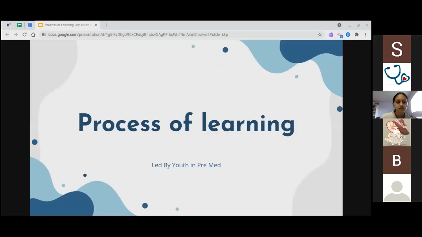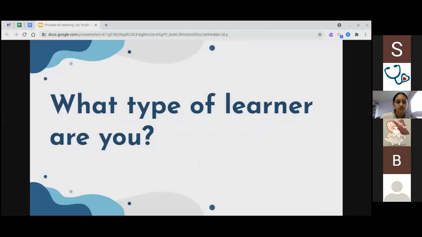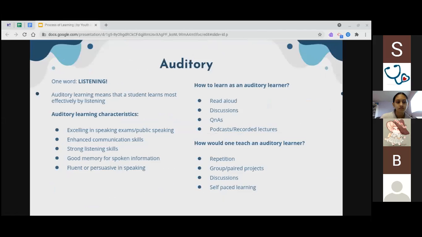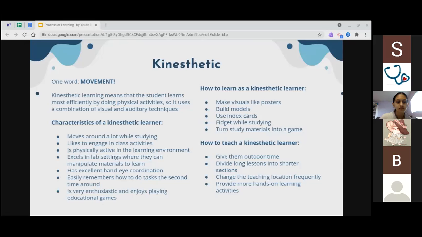So just to review, because we're going to play a Kahoot after this, we talked about the different types of learning styles, the parts of the brains that are involved with learning, and also environmental effects on learning. So then the different learning styles are visual, auditory, read and write, and then also kinesthetic.